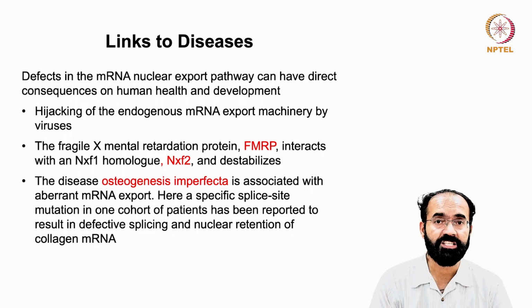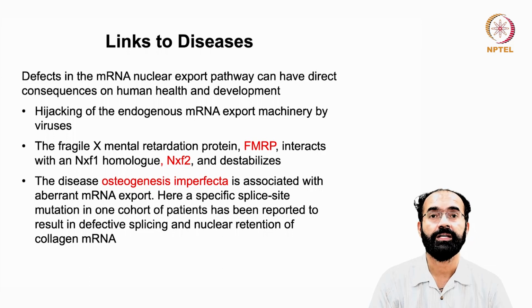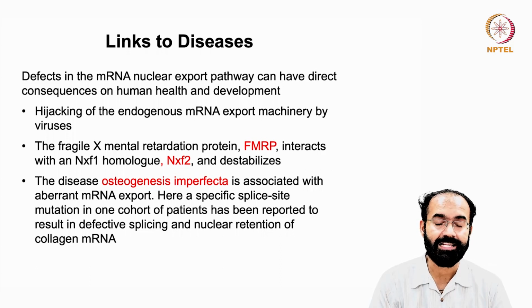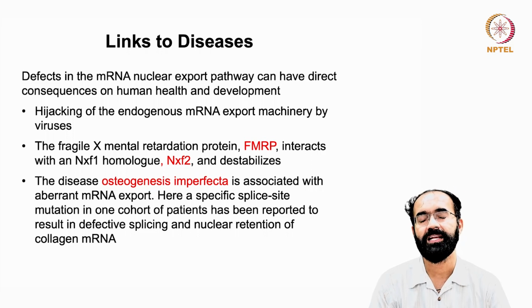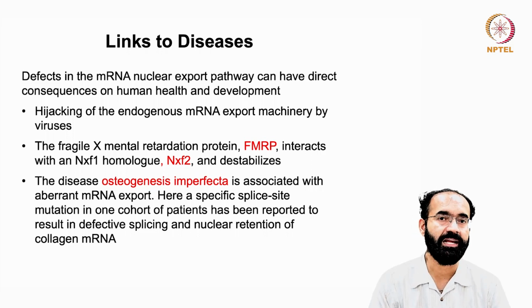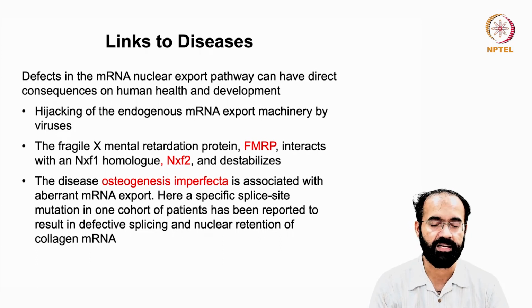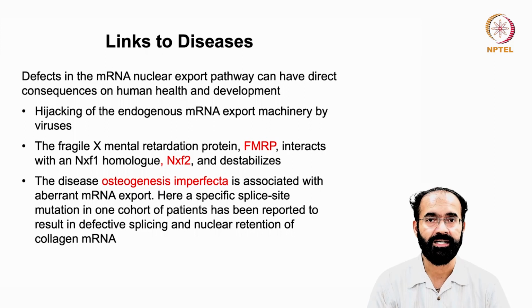Here a specific splice site mutation in one cohort of patients has been reported to result in defective splicing and nuclear retention of collagen mRNA. We know there are different types of collagens, mainly 4 collagens are important, collagen 1, 2, 3 and 4, although the gene family has approximately 20 different genes. Collagen is important for maintaining the flexibility of tissue.